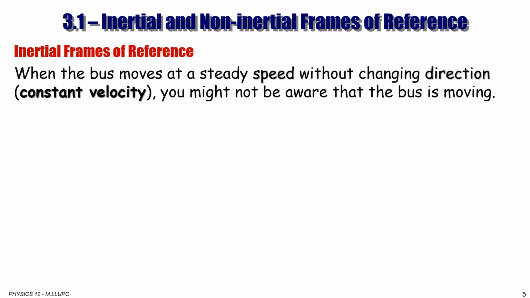We talked about that in relative velocity: when you are inside a train or a bus or an airplane, as long as they are moving at a constant velocity, you cannot feel the difference between moving at a constant velocity and being stationary.